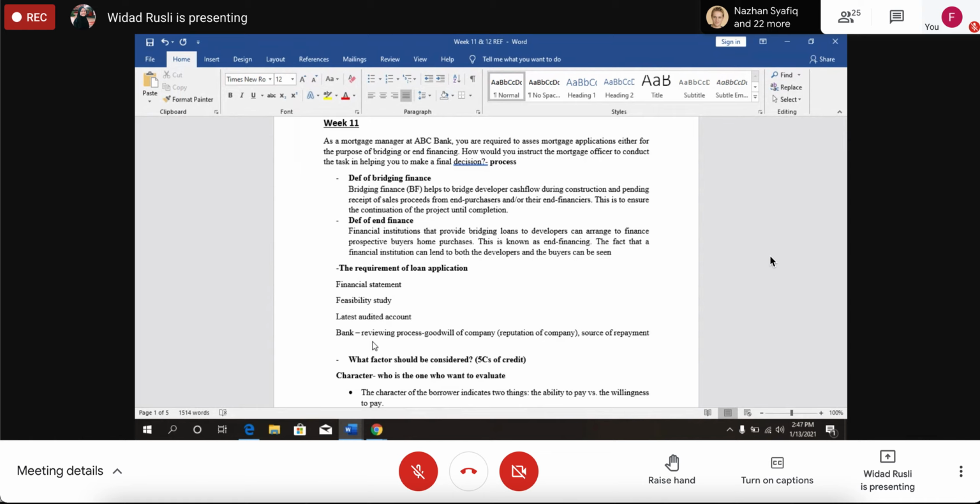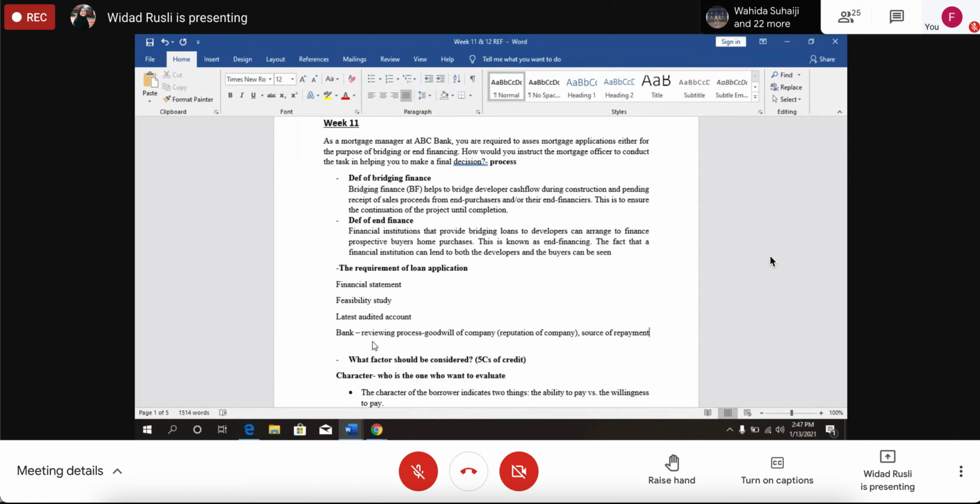So because the question asks you two things, you can actually explain about the two loans together, because in terms of the process, it will be the same either for bridging finance or end finance.